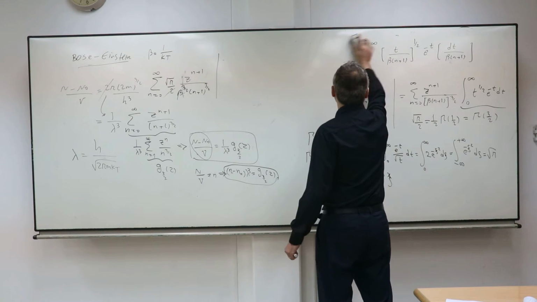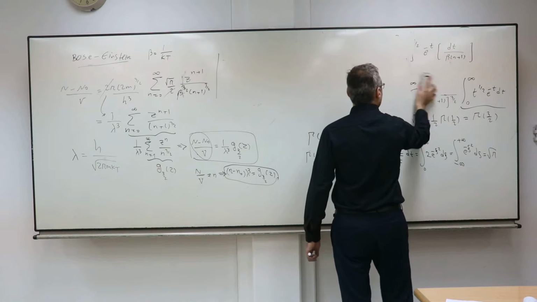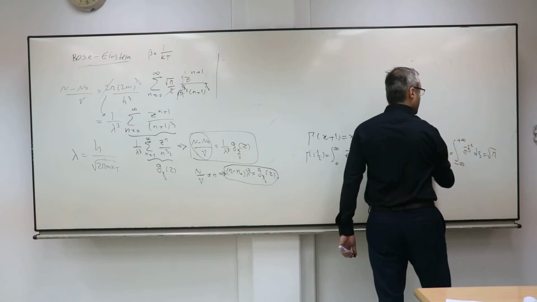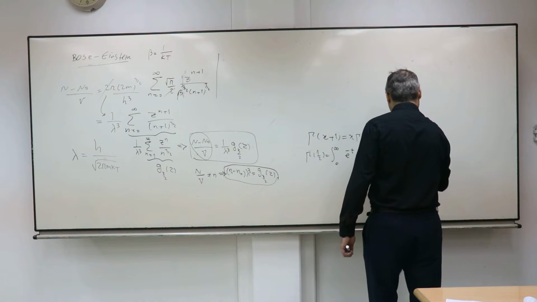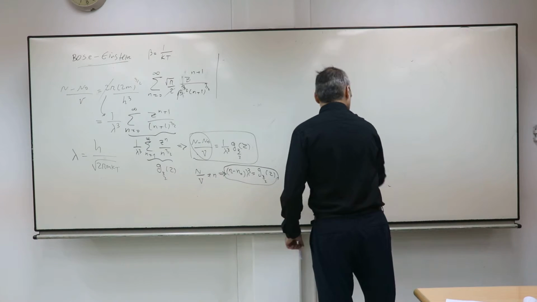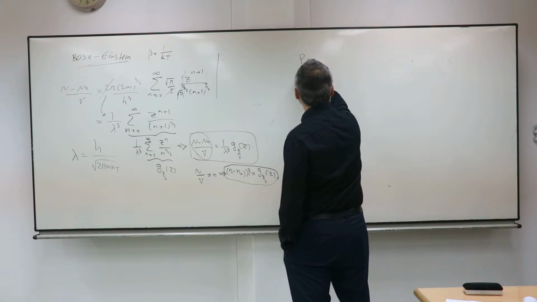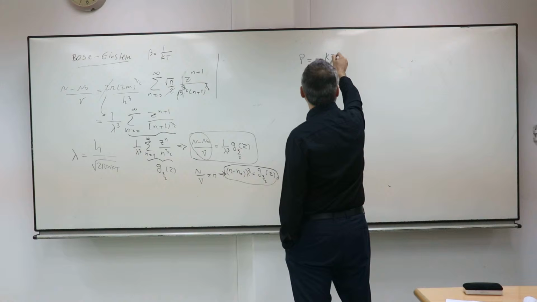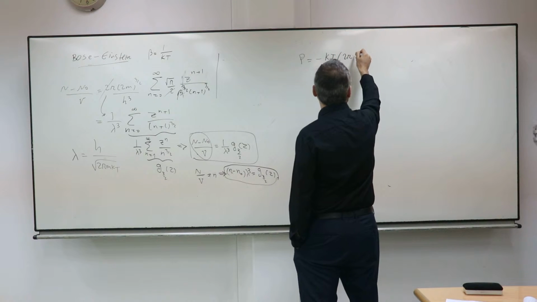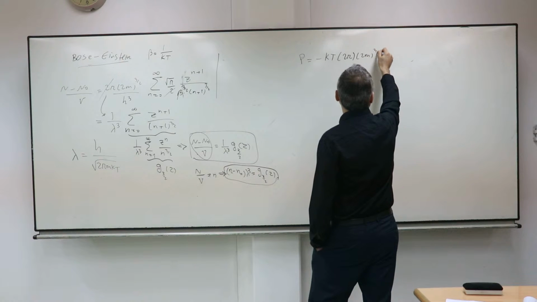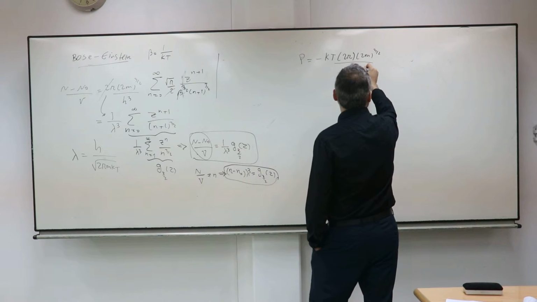So you can repeat this calculation for the pressure, but for pressure you need one more step: you first need to take the integral part by part from this term. You know the pressure, minus kT 2 pi 2m to the 3 over 2 over h cubed.